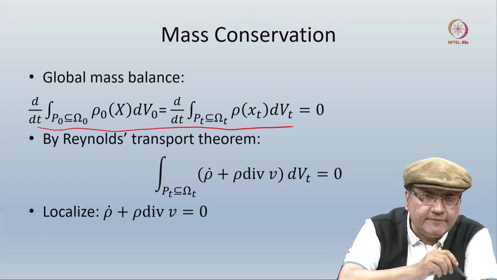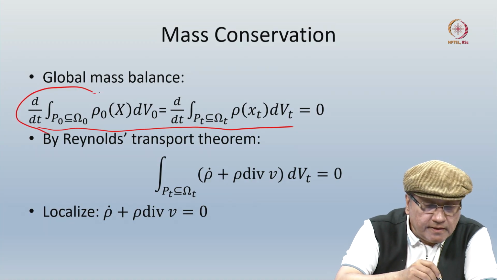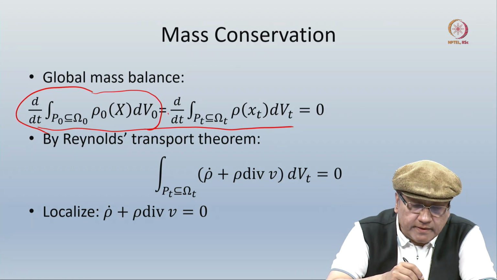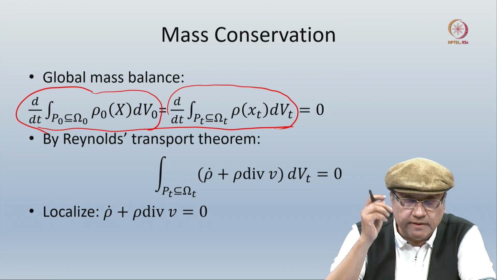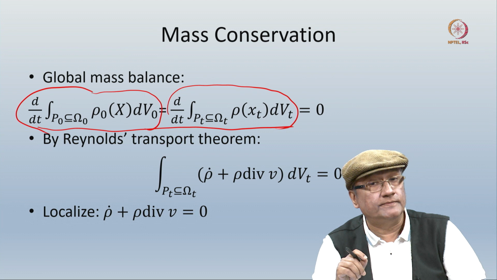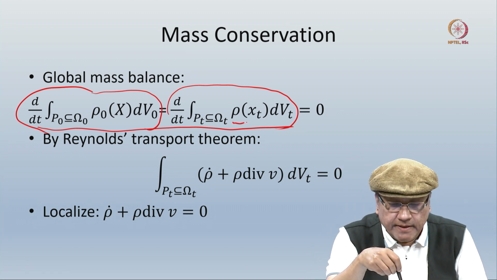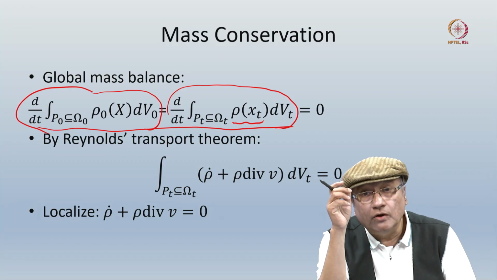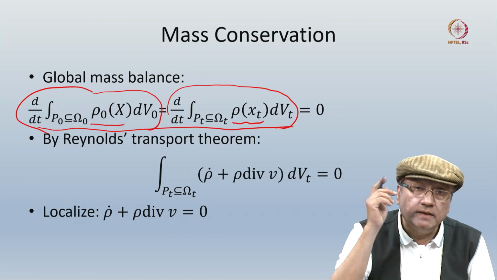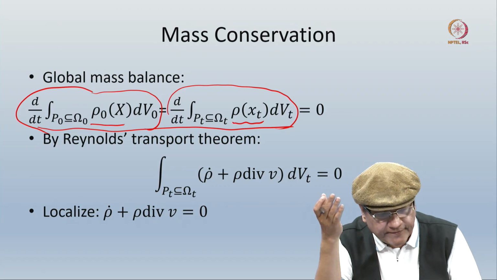The left one here is the statement in the referential form. The right and the middle one here are the statements in the spatial form, and both are 0 because mass doesn't change. Remember that rho of x,t here is the mass density over the spatial body, whereas rho 0 of x is the mass density over the material, undeformed or referential body.